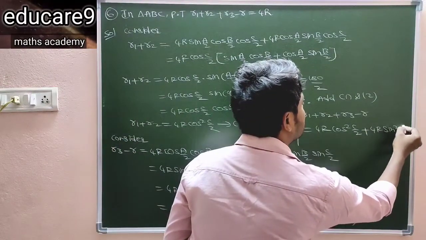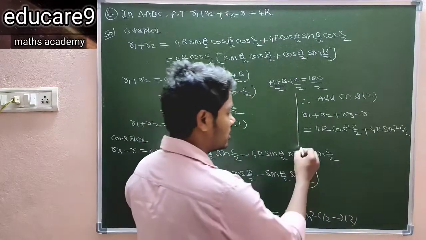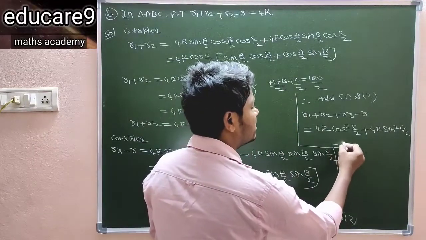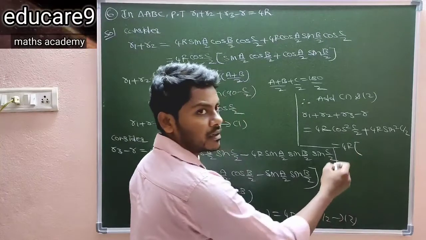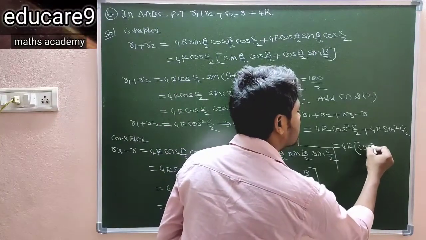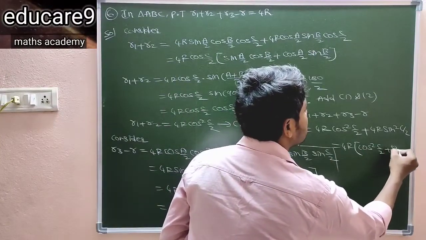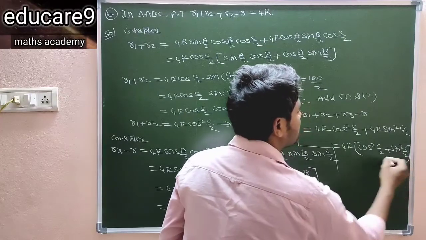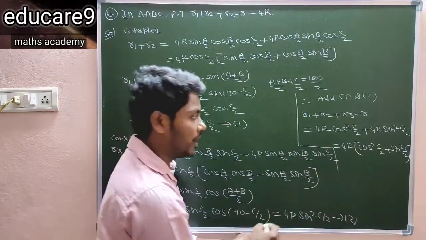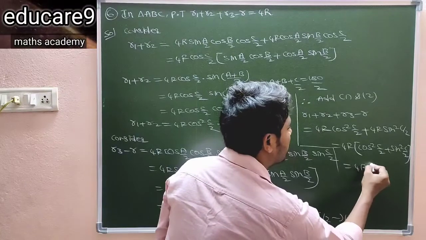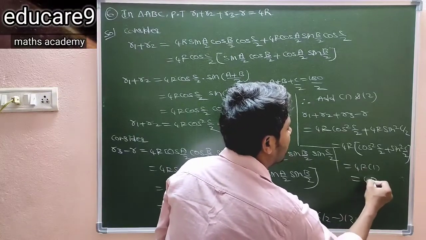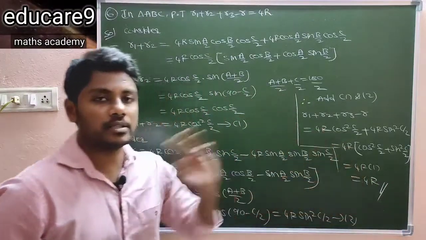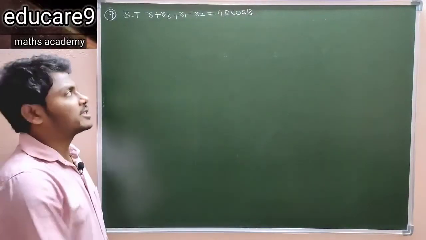So clearly 4R is common. What you get? Cos square C by 2 plus sin square C by 2, which is 1. So 4R into 1, you will get 4R. This is RHS. So try to solve the 7th question.